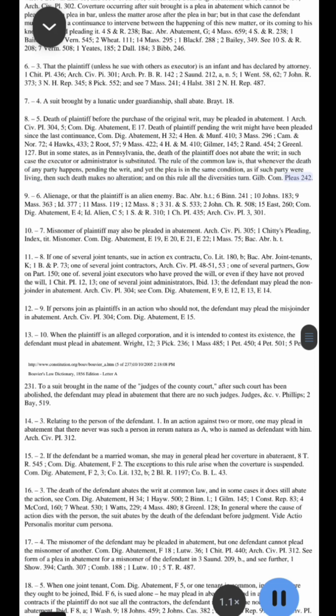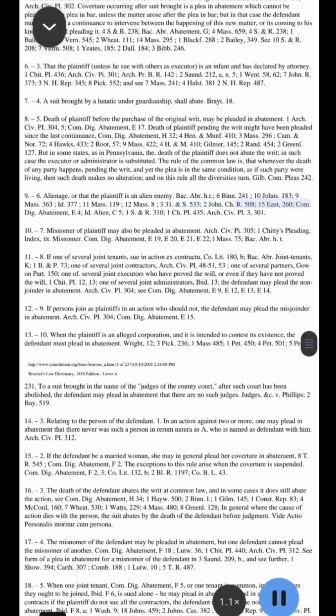Gilb. Com. Pleas 242. 6. Alienage, or that the plaintiff is an alien enemy. Bac. Abr. H. T. 6 Bin. 241, 10 Johns. 183, 9 Mass. 363, Id. 377, 11 Mass. 119, 12 Mass. 8, 331, N. S. 533, 2 John.